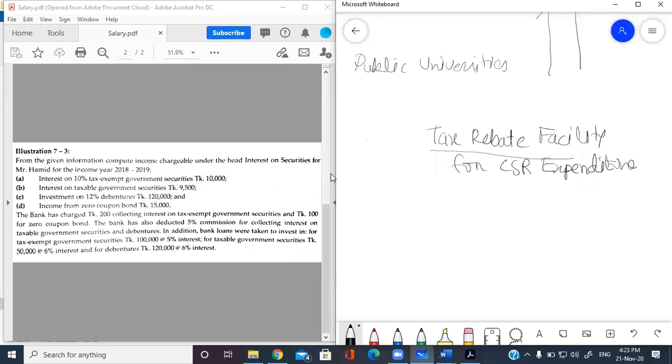There is a specific list which you will find on page 142, which has been extracted from the Income Tax Ordinance and several SROs. Okay. In Bangladesh income tax, page number 142, you will get a list. I don't think it is a comprehensive list, but you will see a good number of items for which CSR expenditure is allowed.